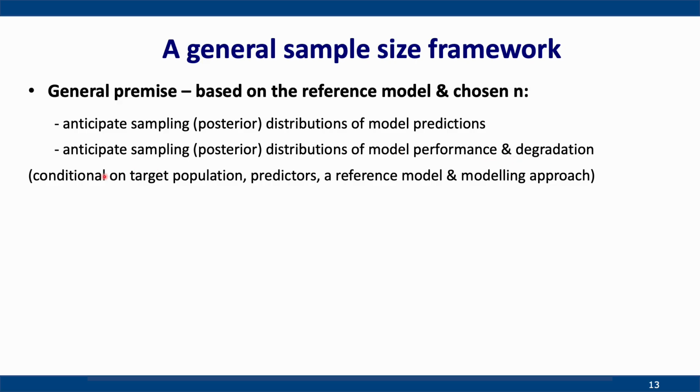And this is all conditional on the target population in which you want to do the model training and the model deployment, the predictors and the candidate predictors that you're thinking of putting in your model, like I said, the chosen reference model, and the modeling approach. So all those things are important because the sample size that is required is conditional on these things.